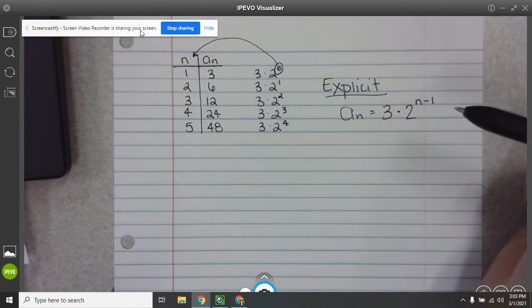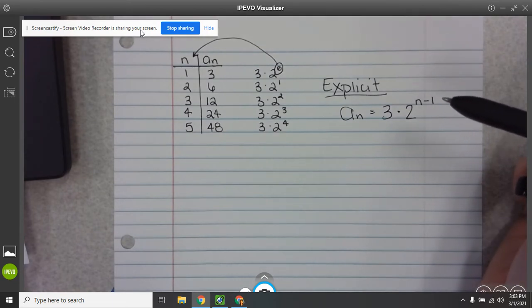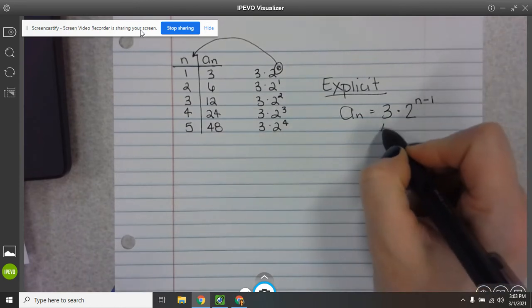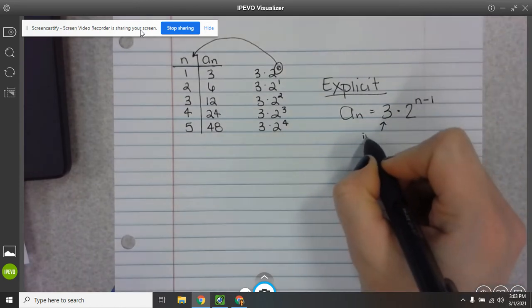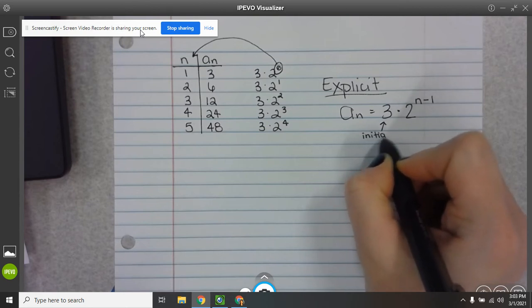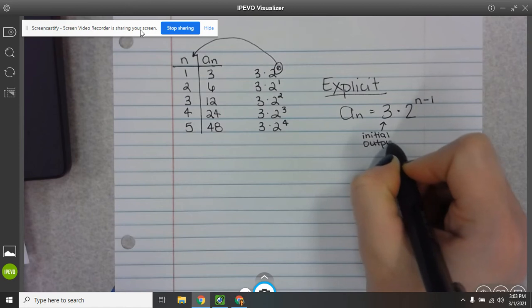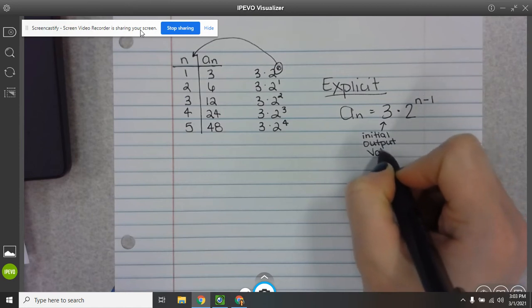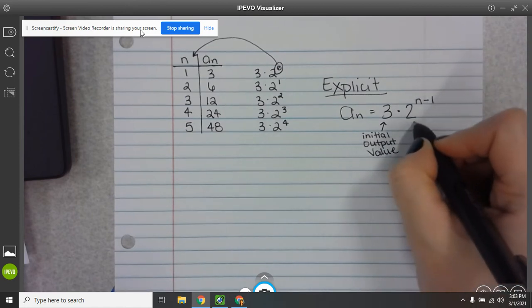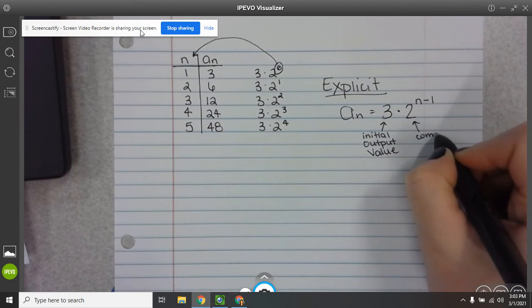That n minus 1 should look very familiar, because that's what we dealt with the entire part of my arithmetic sequence unit for 2a. So this is our initial value, and I'm going to specifically say output. 2 is my common ratio.